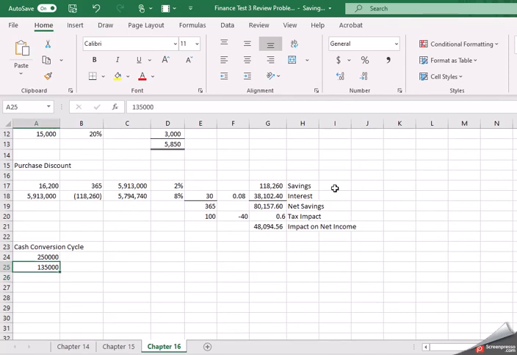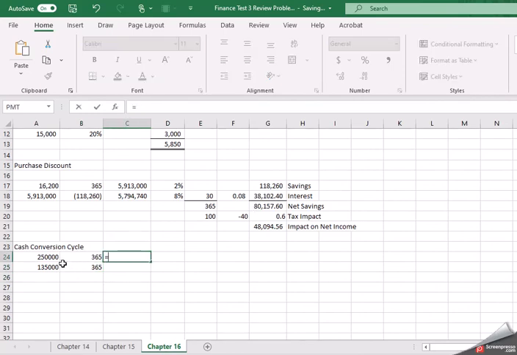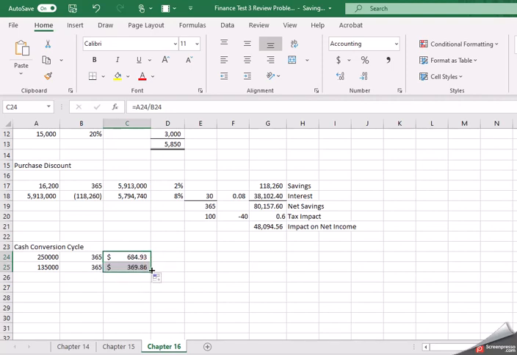And then what we want to do with those is figure out daily numbers. So we're going to take each one of them and divide it by 365. I'll make it a currency so I don't see all those decimals. So that's $684.93 a day in sales, and then $369.86 in cost of goods sold.